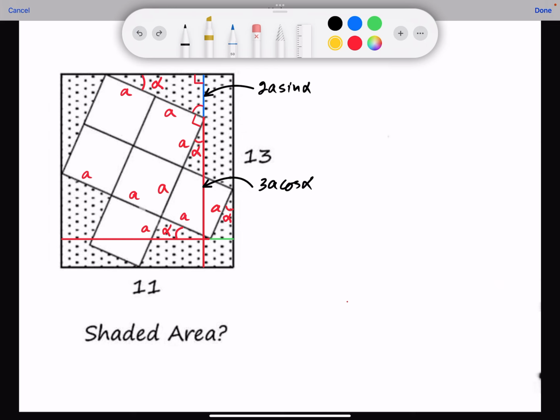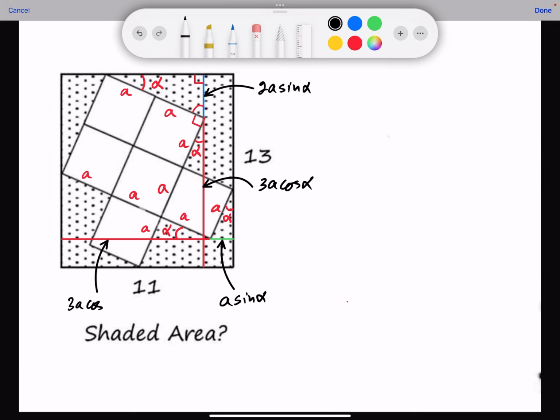Okay, and then I will do the same thing to the other side. The green line segment here is equal to the square side length A sine alpha, so it's A sine alpha. And the red line segment is basically the same as the other red line segment, which is 3A cosine alpha.